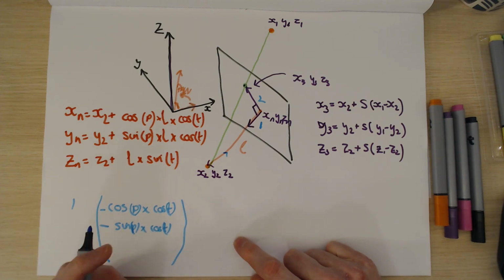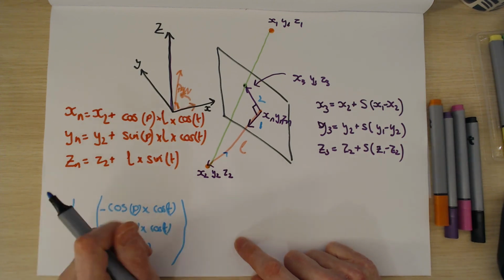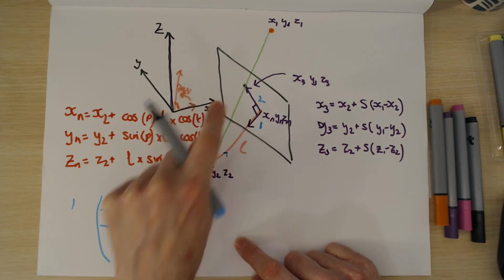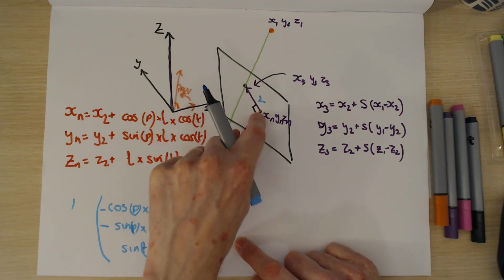And funnily enough, the z vector, sine t. Right, that's not useful to us yet, because we know that in order to be on this plane, this dot product of 1 and 2 is equal to 0.